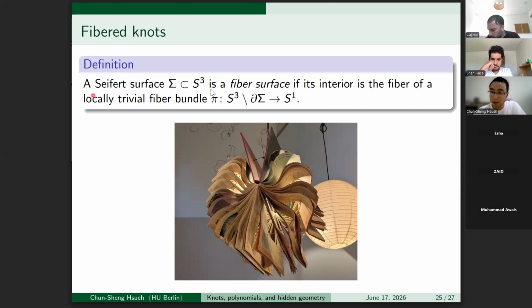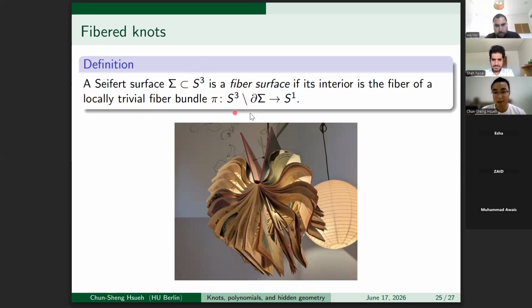A Seifert surface, let's say in the three-dimensional sphere, it doesn't have to be, but for this talk we're just considering this case. We say it's a fiber surface if it's the interior of a fiber of a locally trivial fiber bundle.